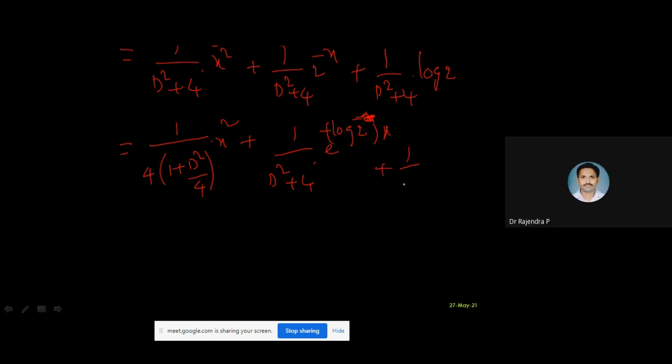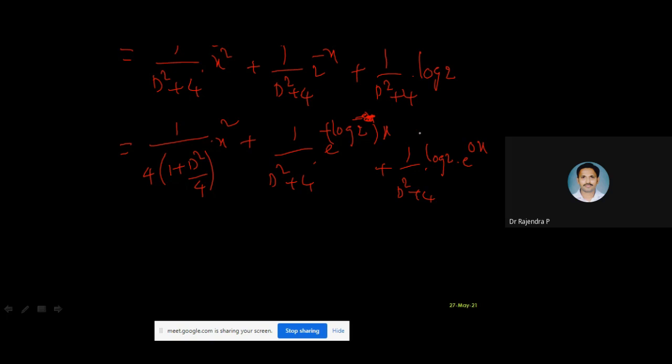So plus 1 by D square plus 4 into log 2, which is some constant. If you have any constant, simply multiply it with e power 0x. This is our idea. e power 0x is nothing but 1, so we are not disturbing our problem, and at the same time we are able to evaluate it.